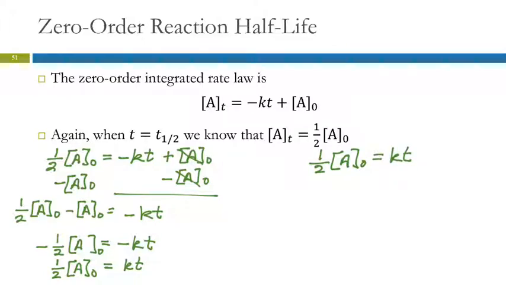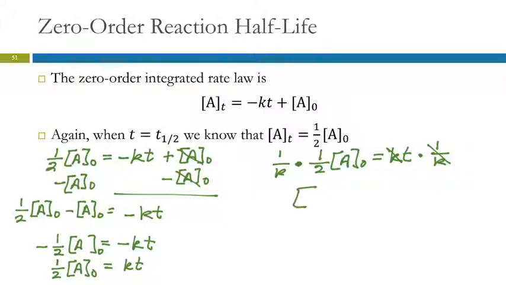So again, I want to move the K over. So instead of dividing, because it seems to make more sense, I'll multiply by 1 over K. So I've got K times 1 over K. That cancels out and leaves me just with T. Over here, I've got 1 over K times 1/2 times A0.